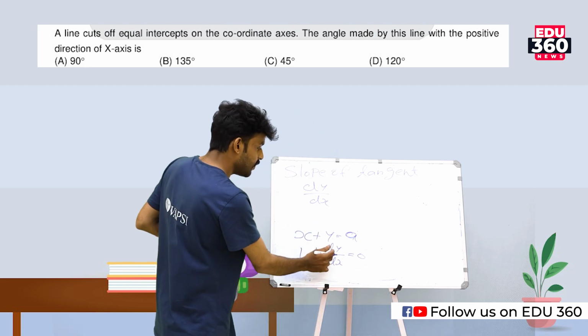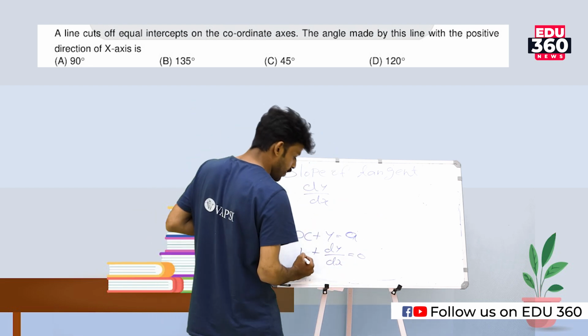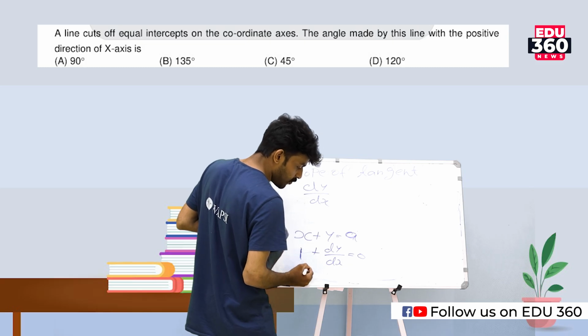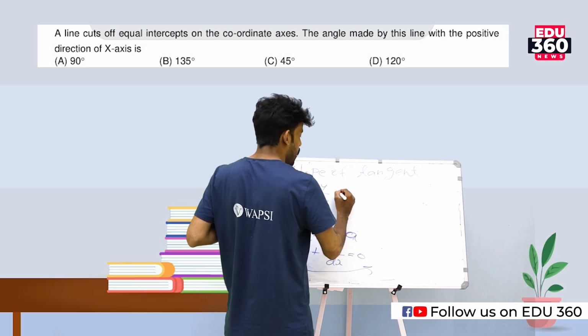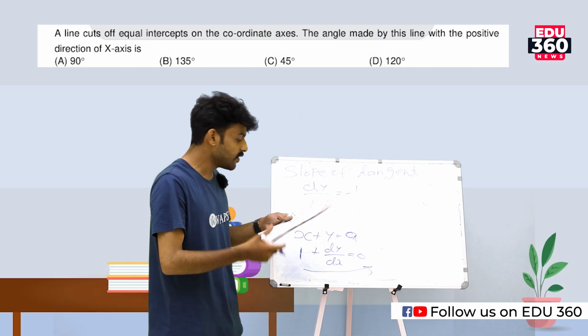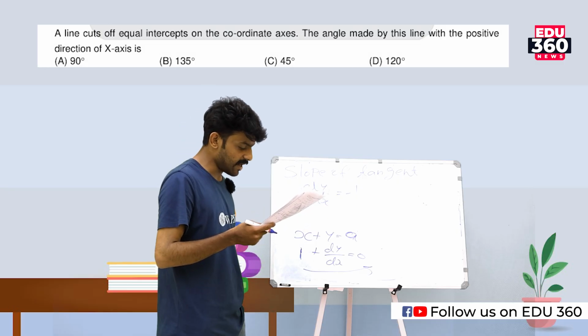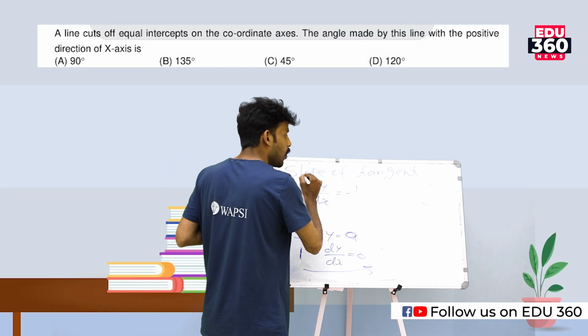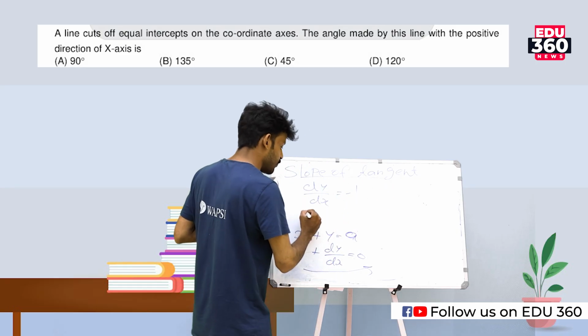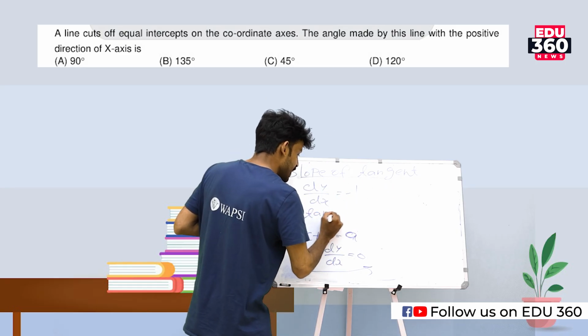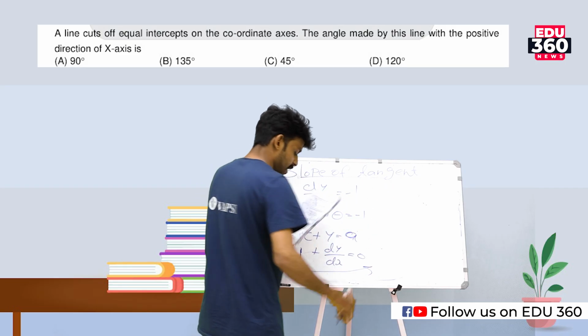So hereafter we can write dy by dx is equal to, while we are moving the positive 1 to the right hand side, it will become minus, so it is minus 1. So dy by dx is equal to minus 1, and slope of the tangent is dy by dx. So that means we can write tan theta is equal to minus 1.